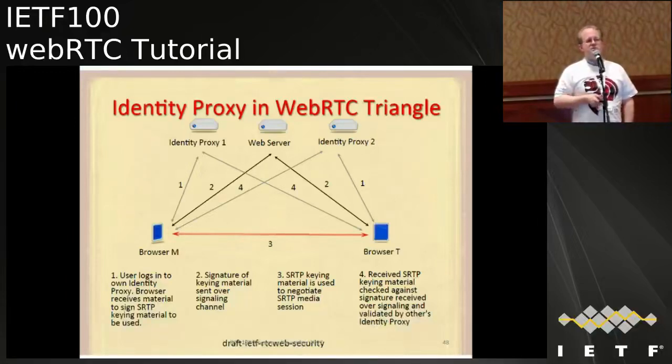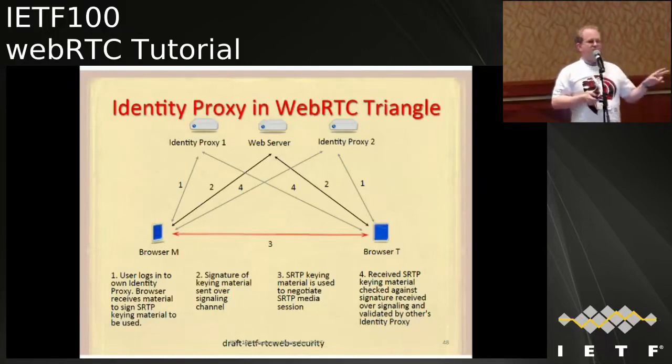The way WebRTC deals with this is by allowing you to use third-party identity services like Facebook Connect, for example, to log in to prove who you are. And basically, interaction with that proxy server is used to tie your identity in with the DTLS keys used for the communication. And so I don't want to say more than that about it.